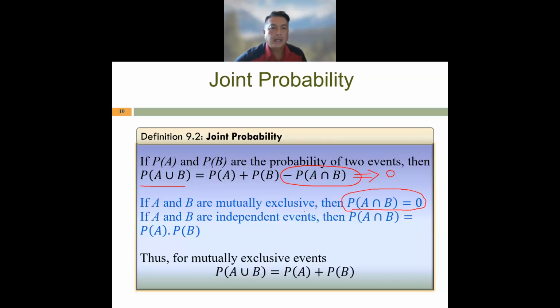And if A and B are independent, then the intersection between A and B should be the probability of A times the probability of B. Based on this, we can assume that this can be simplified to this because this one will become 0. So that's the mutually exclusive event. This is the formula that we get.